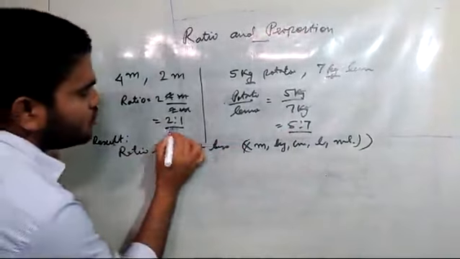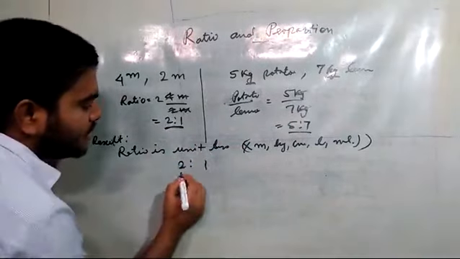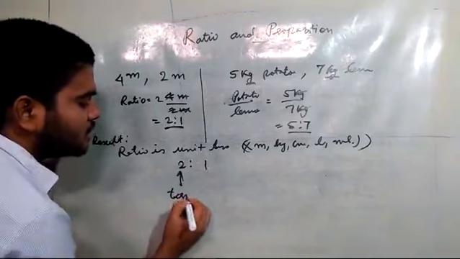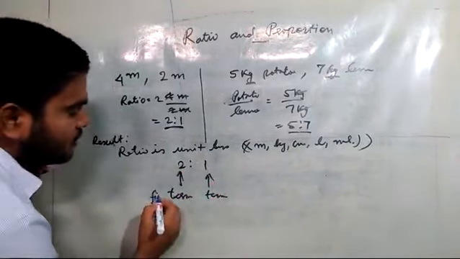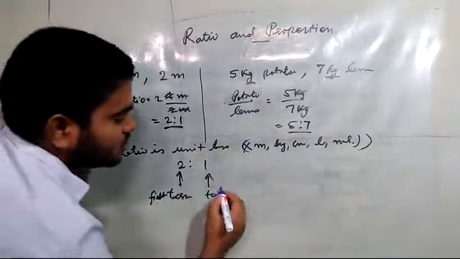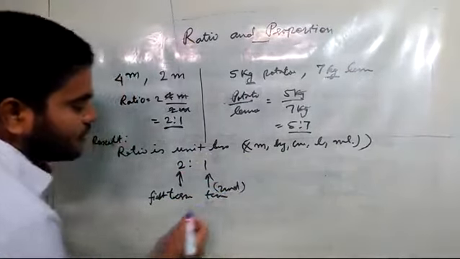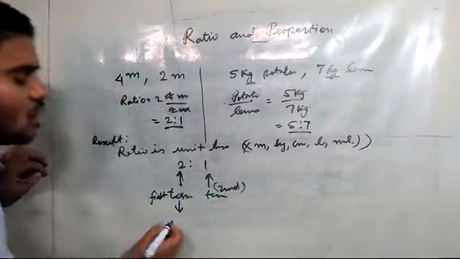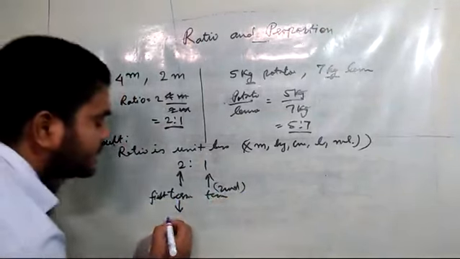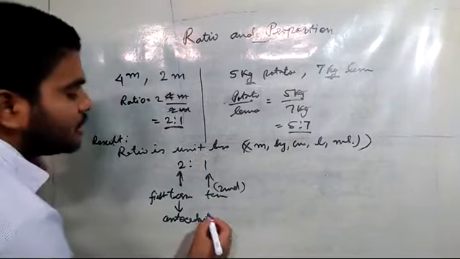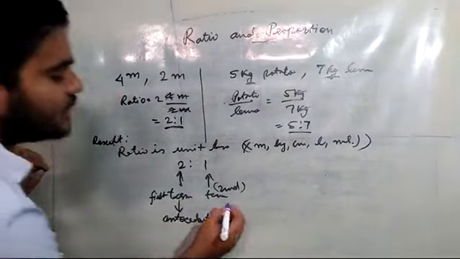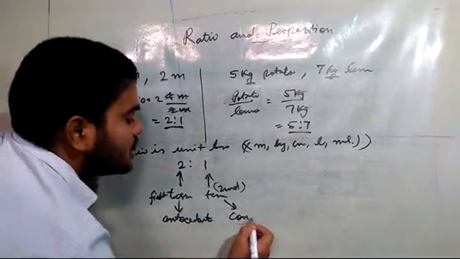Now here these two numbers, like 2:1, this is called the first term and this is called the second term. The first term is also called antecedent and the second is called consequent.